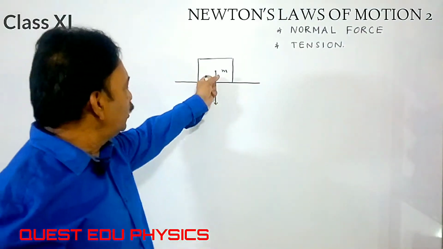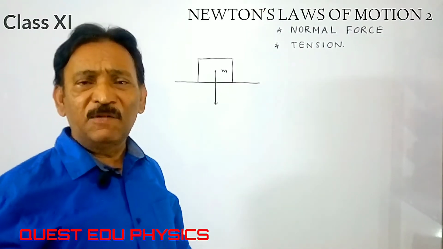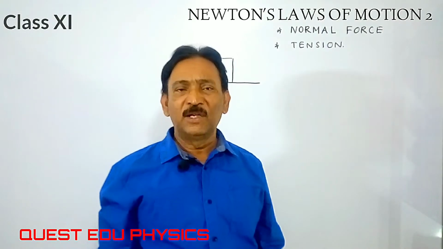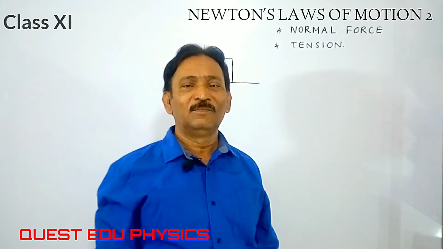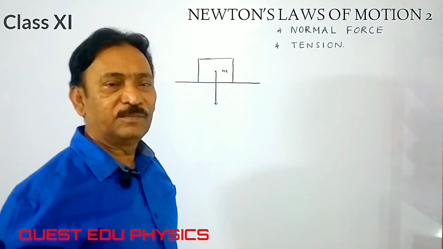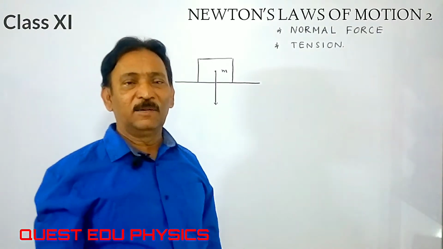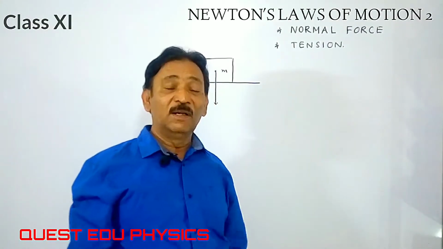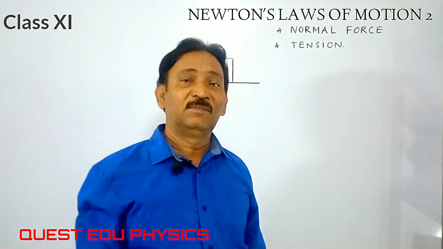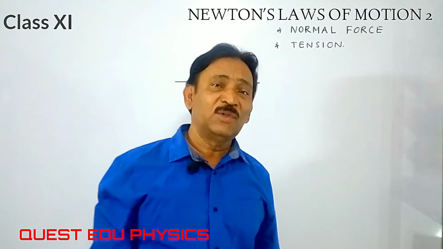This force is working towards the center of the earth, and we know that this force is the gravitational force, or immediately we can say it is the weight of the body. The weight of the body is causing some force on this surface. It is the action. According to Newton's third law, to every action there is an equal and opposite reaction. That means action and reaction appear in the form of pairs only.